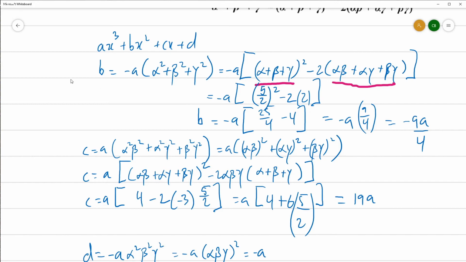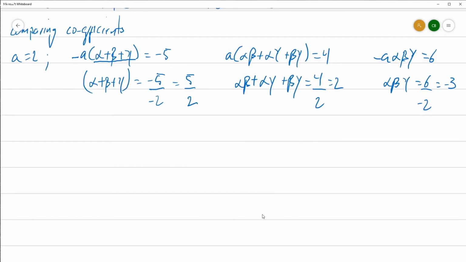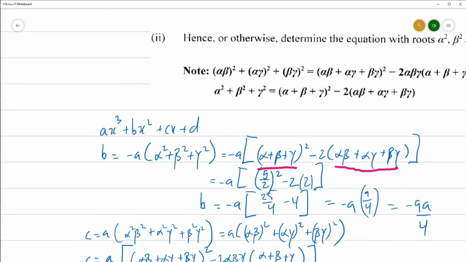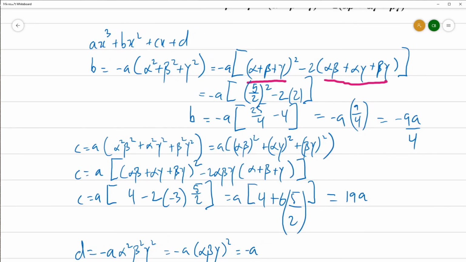And that value for alpha beta gamma we got as minus 3. So if that is minus 3 squared, it is minus 9a.